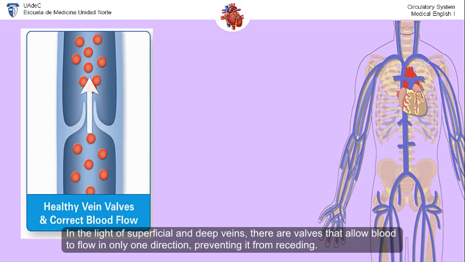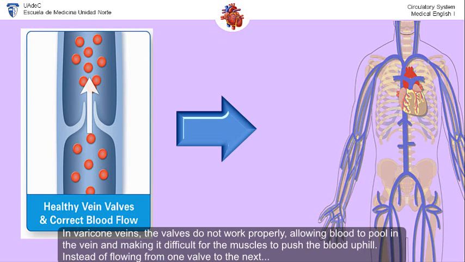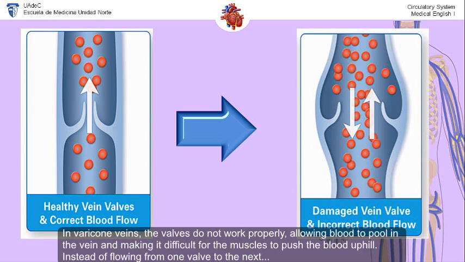In the layer of superficial and deep veins, there are valves that allow blood to flow in only one direction, preventing it from receding. In varicose veins, the valves do not work properly, allowing blood to pool in the vein and making it difficult for the muscle to push the blood uphill.